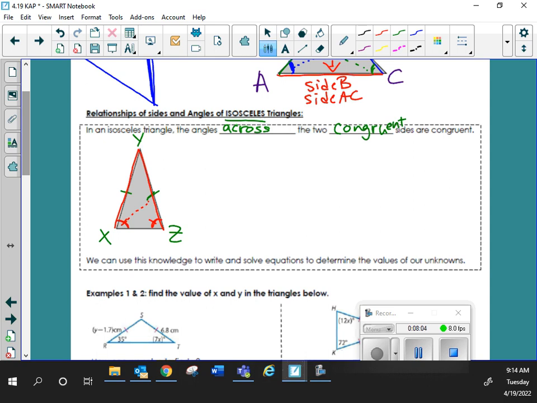I'm just going to say that the measure of angle X is equal to the measure of angle Z. I'm going to make that statement. That's basically what it's saying.